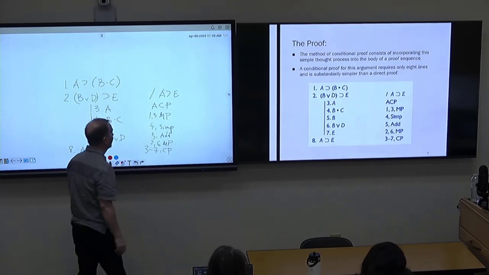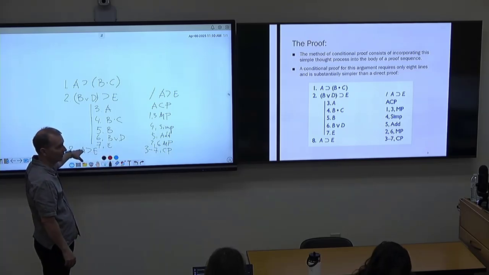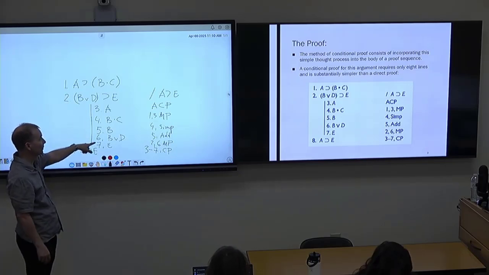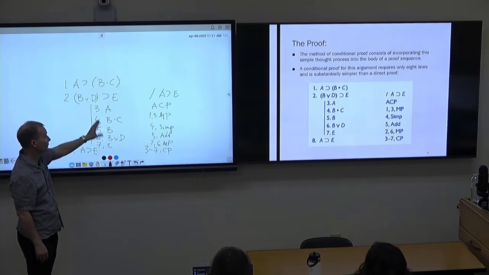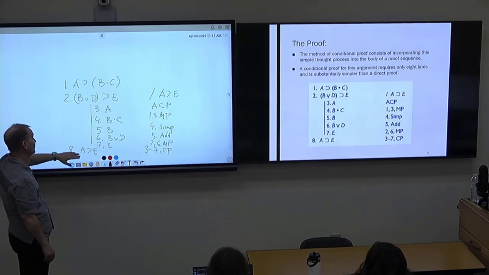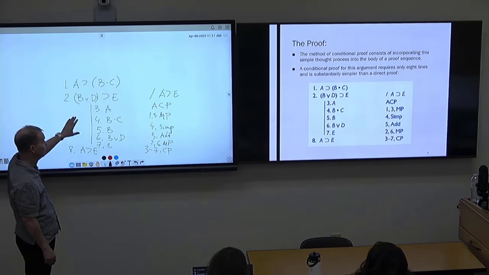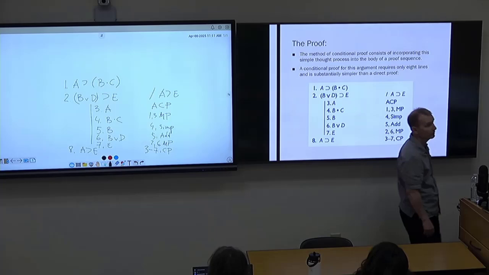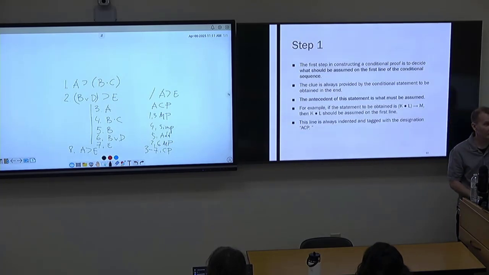That's just to let you know how you derive line 8. Line 8 goes back here, so this is discharging the conditional proof. Discharging means that you are no longer working within this assumption. Now you can go back to the actual argument, and your conclusion is not just assumed, it actually follows from these 2 premises. Okay, so that's basically the idea for conditional proof.